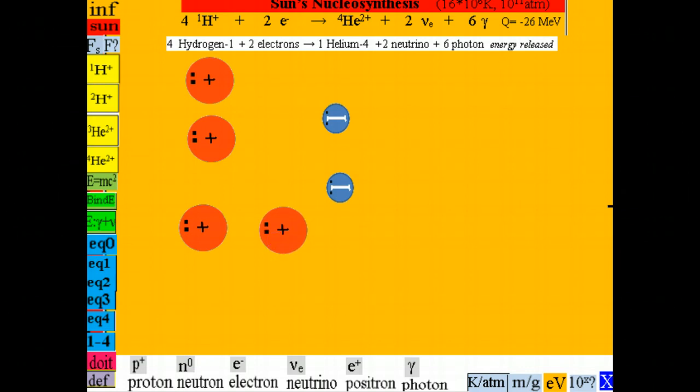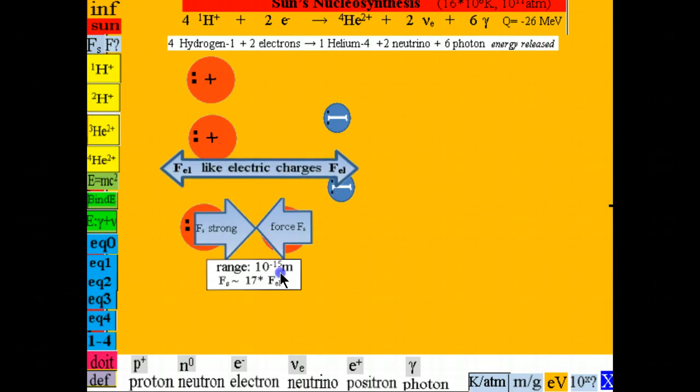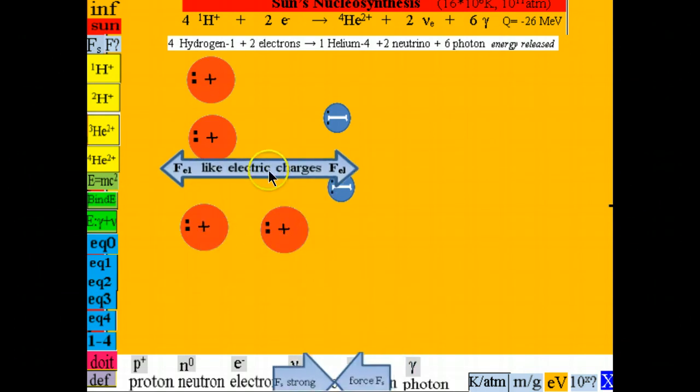So the electromagnetic force repels them. By double left click on Fs and F question mark up here, you can get some more explanations.